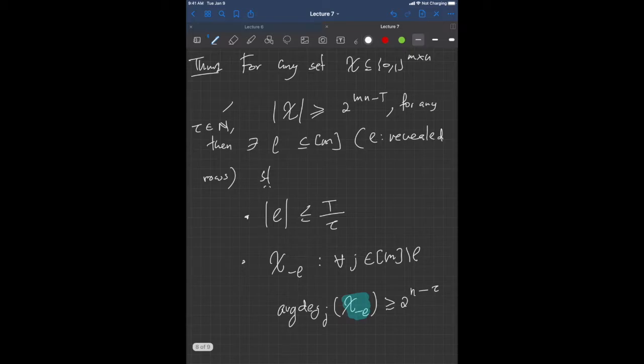So what are the properties I is supposed to satisfy? Let me update every row by I here as well. So there exists some I, this is I, this is minus I, this is minus I. So these are the two things that we need to show.